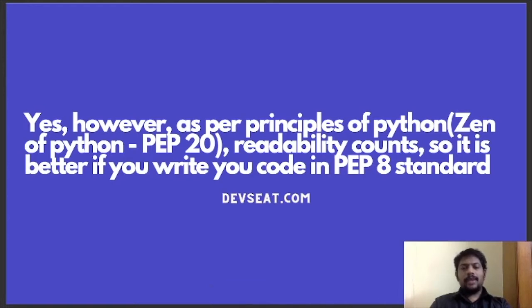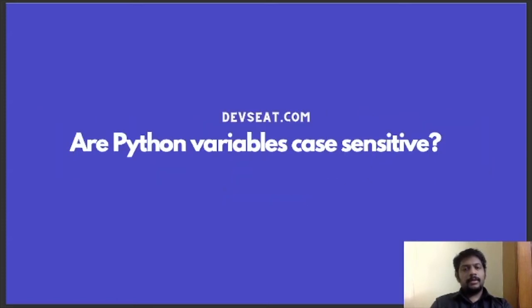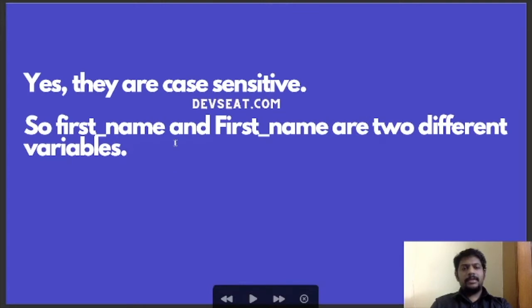That is one of the principles of the Zen of Python, which is PEP20. Now, are Python variables case sensitive? Yes, Python variables are case sensitive. That means first underscore name and capital F first underscore name are two different variables in Python.